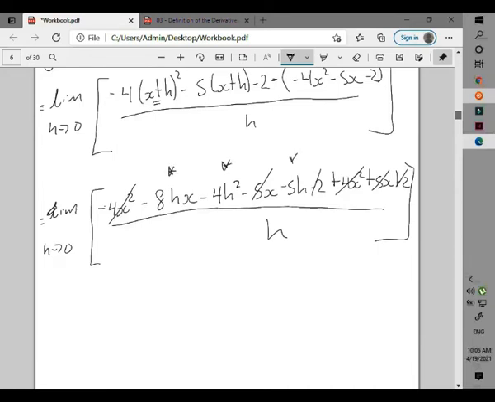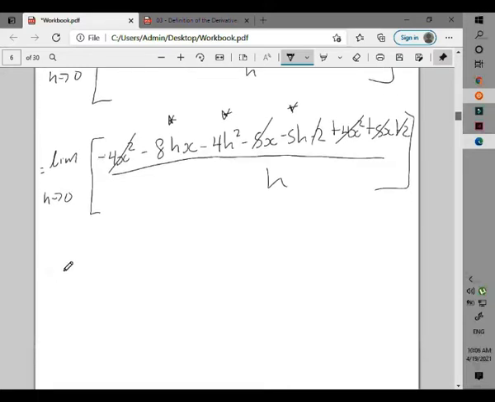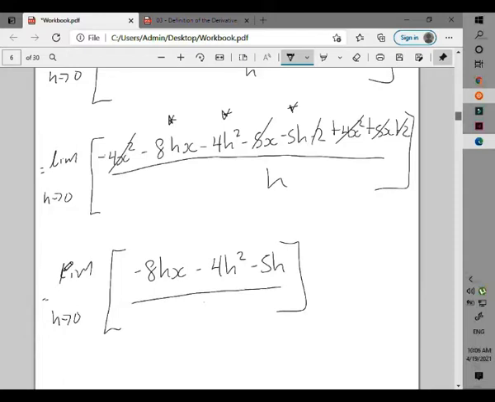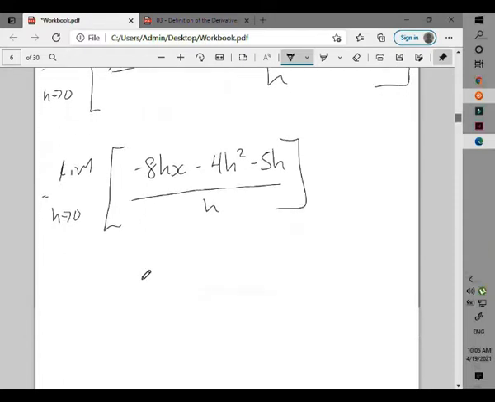This, and this minus 8hx minus 4h squared and minus 5h. So the limit as h approaches 0 of minus 8hx minus 4h squared minus 5h, all being divided by h.